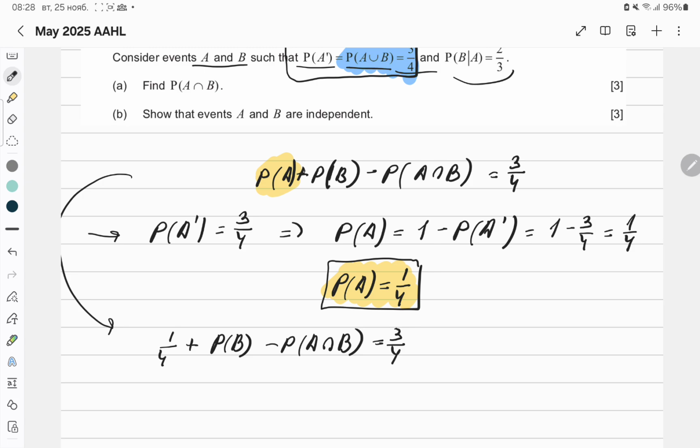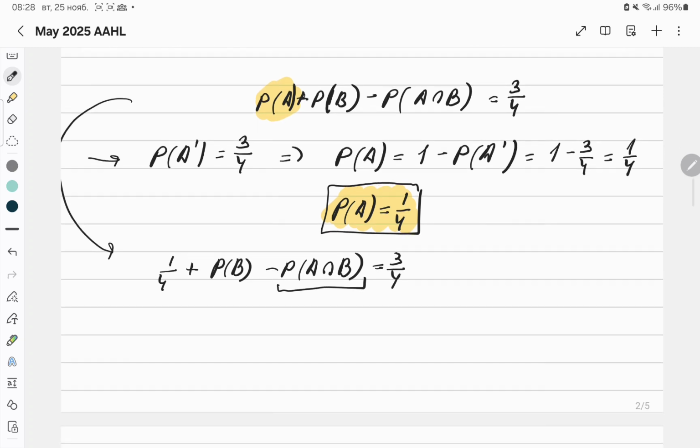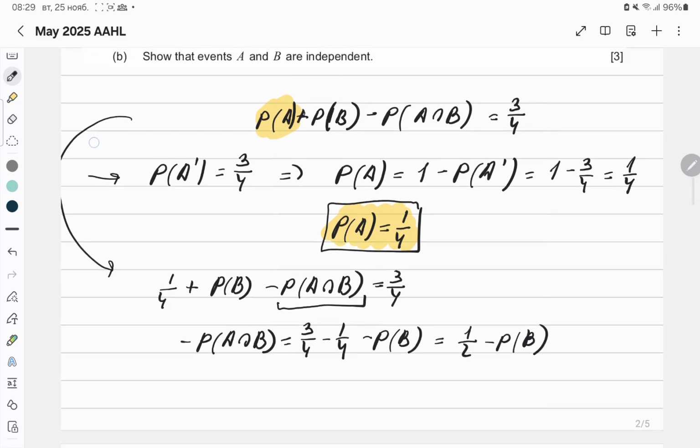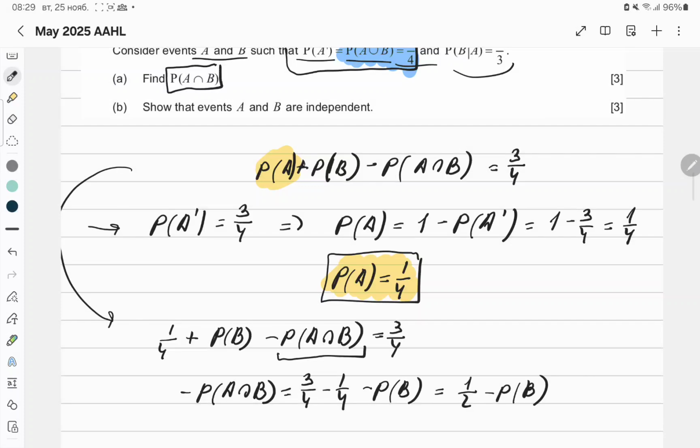We have to find P of A intersection B, so we can express it: minus P of A intersection B is equal to 3/4 minus 1/4 minus P of B. After simplification, we get 1/2 minus P of B. Now we need to find P of B, but we don't have any more information.